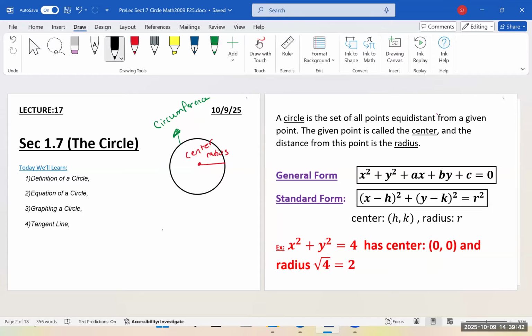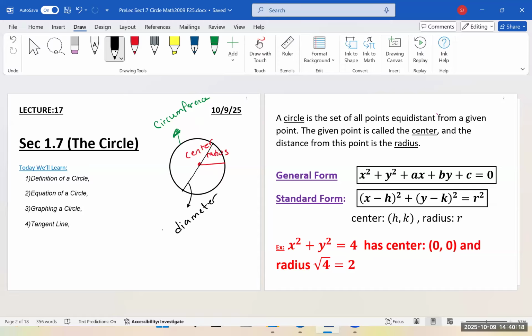And how about the distance from one part of the circumference to another part of the circumference that goes through the center? Diameter. So a circle has 4 important things: circumference, center, radius, and diameter.